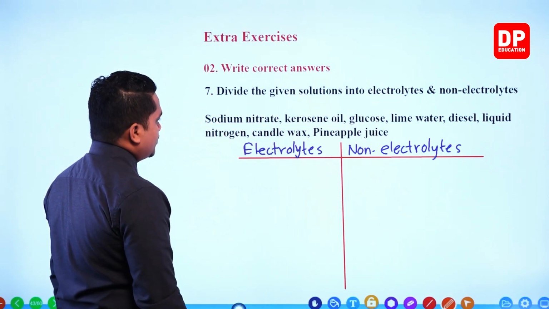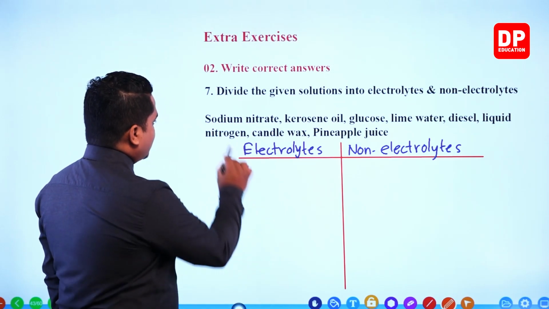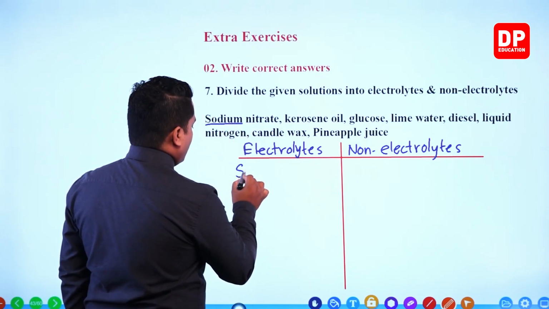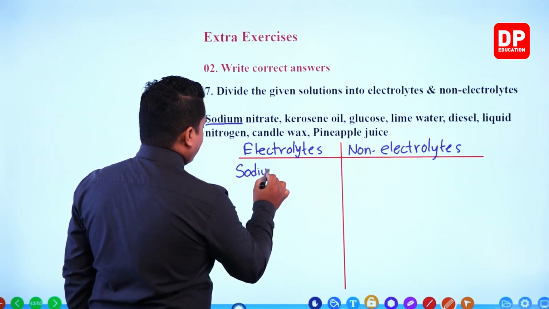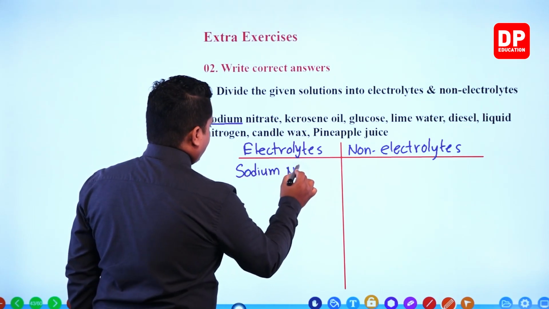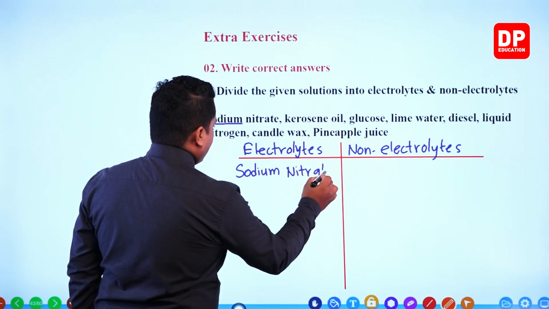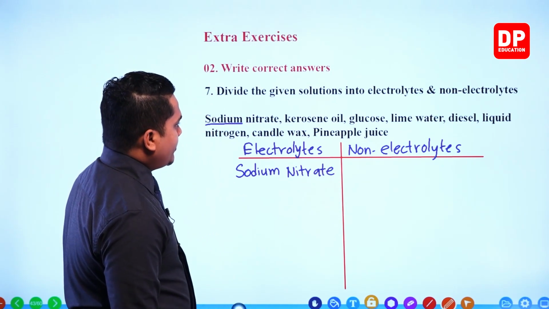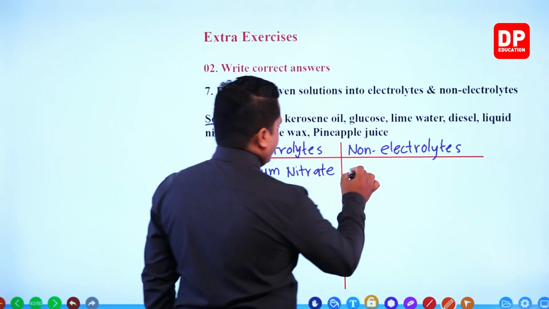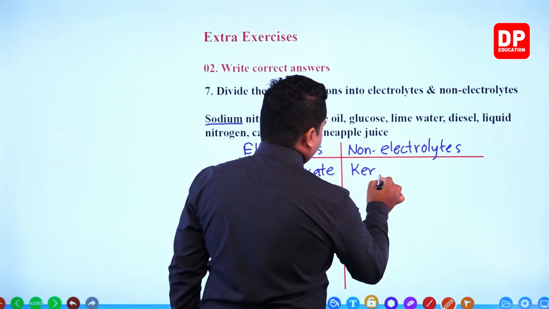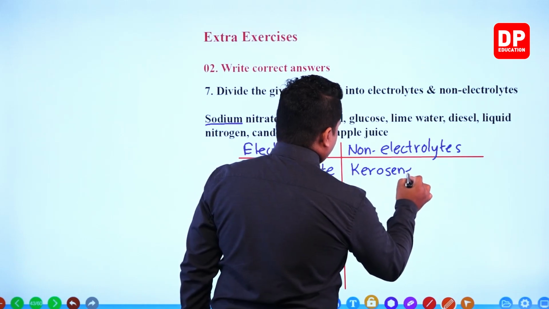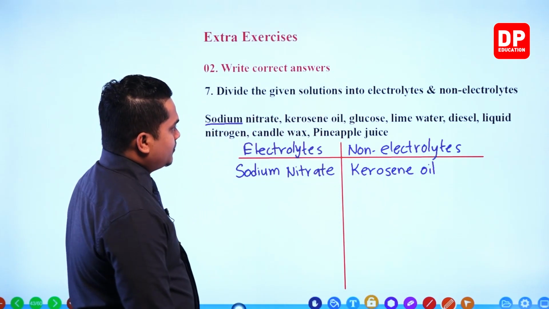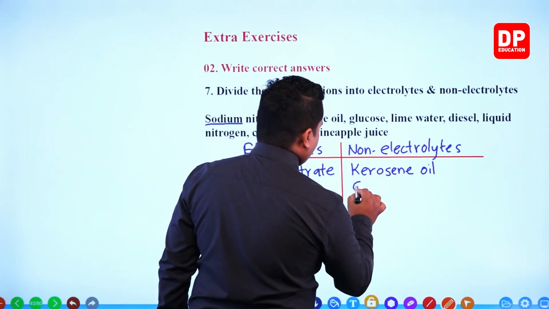Right. Sodium nitrate, as sodium is there, definitely it is an electrolyte. Sodium nitrate. Kerosene oil, non-electrolyte. Glucose. Glucose is once again a non-electrolyte.